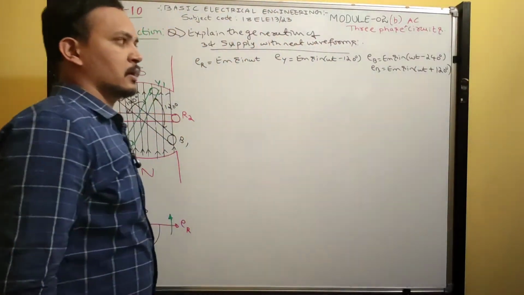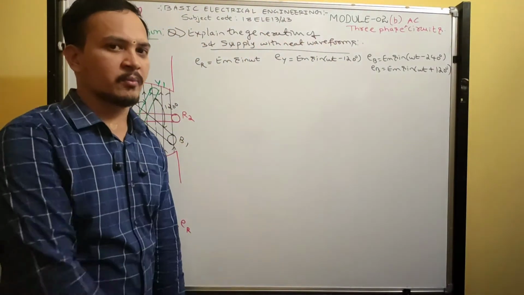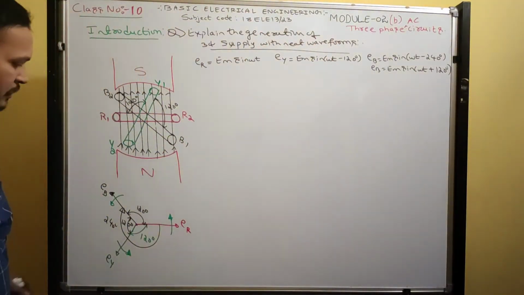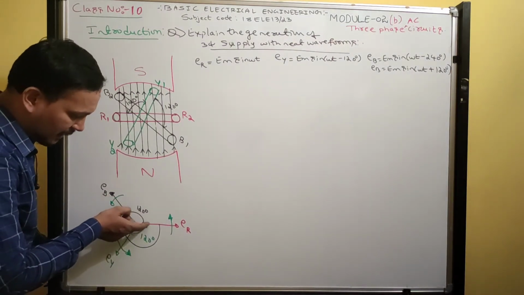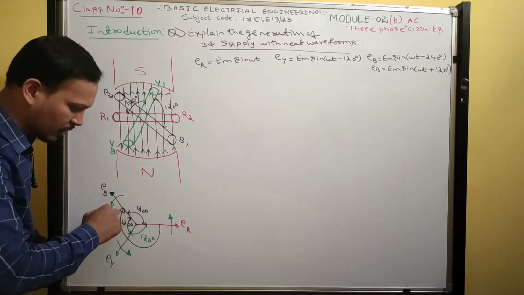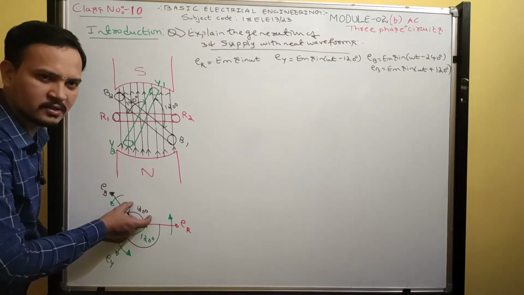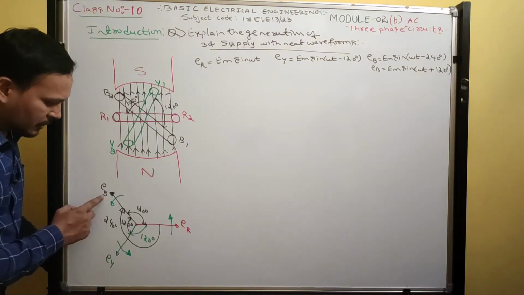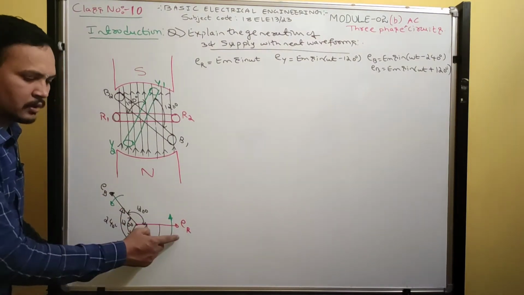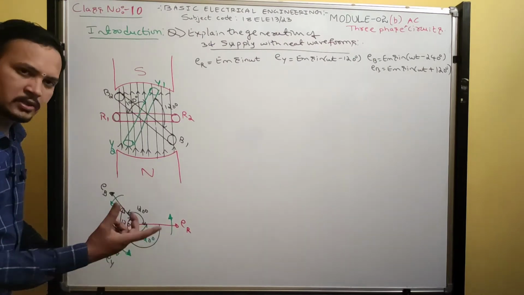So that is also correct. EB is equal to EM sine omega t plus 120. Look here, the EB vector is leading the R phase by how many degrees? 120 degrees. So we can write it like that also. Otherwise, EB lagging the R phase by 240 degrees is also correct.